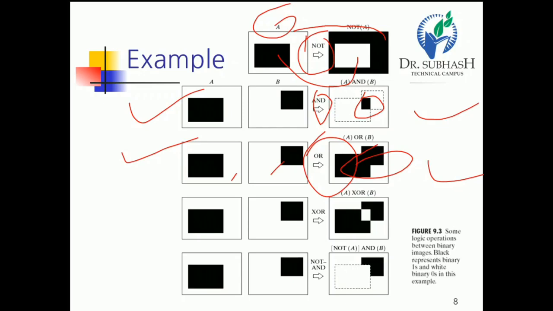The third one is similar: the value of A, the value of B, and we perform the XOR operation. XOR is nothing but the complement of the OR operation.